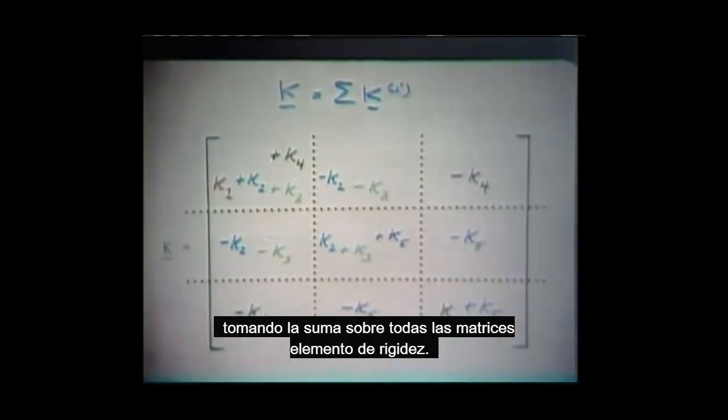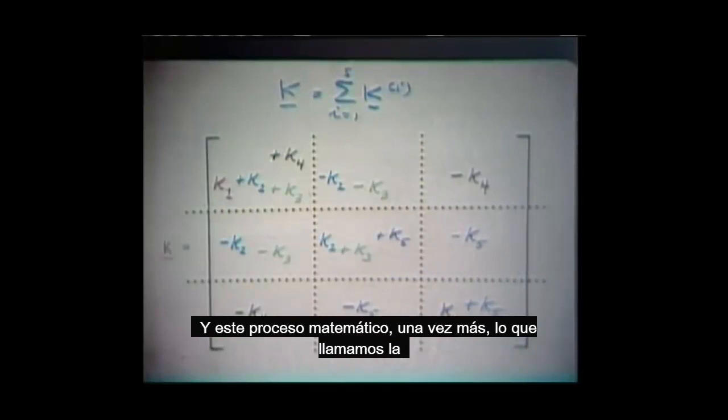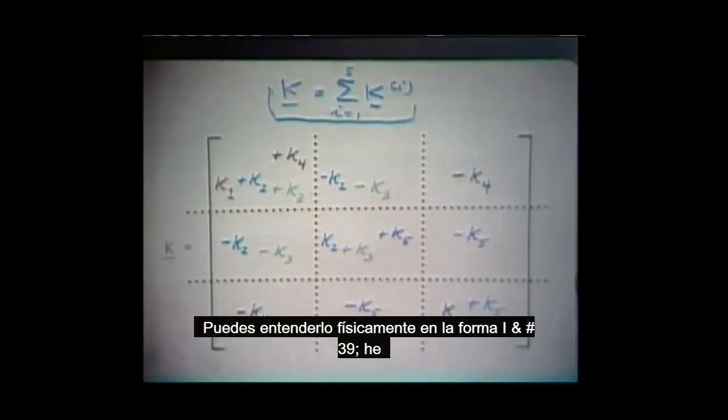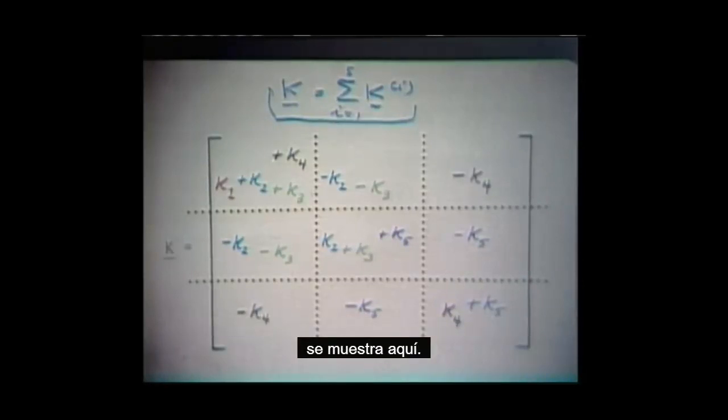Notice once again, this matrix has been obtained by taking the sum over all the element stiffness matrices. We are summing from i equals 1 to 5, and this mathematical process, once again, which we call the direct stiffness method, has a physical analog. You can understand it physically in the way I've shown here.